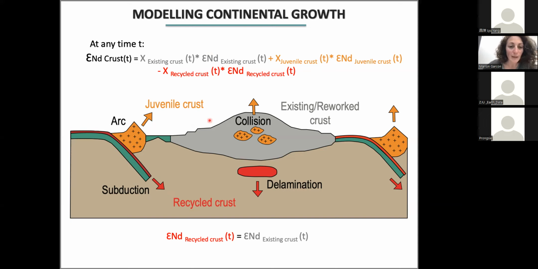I'm showing here plate tectonic models, right, with subduction, collision, and so on. But in fact, there is no assumption of a geodynamical model in this equation, and you could recycle the crust by delamination or form the juvenile crust in any other tectonic setting. This would not change the calculation.